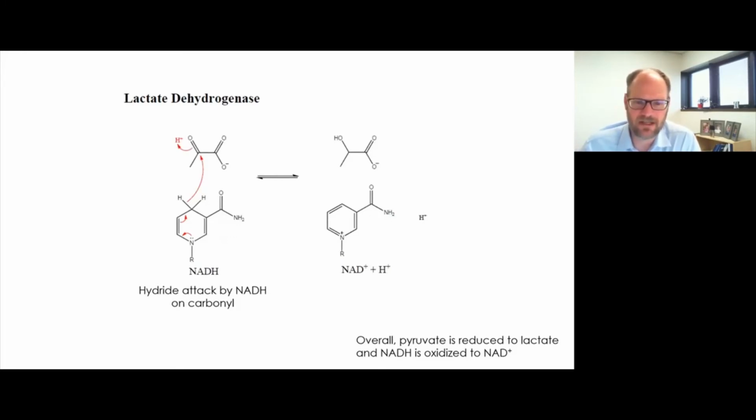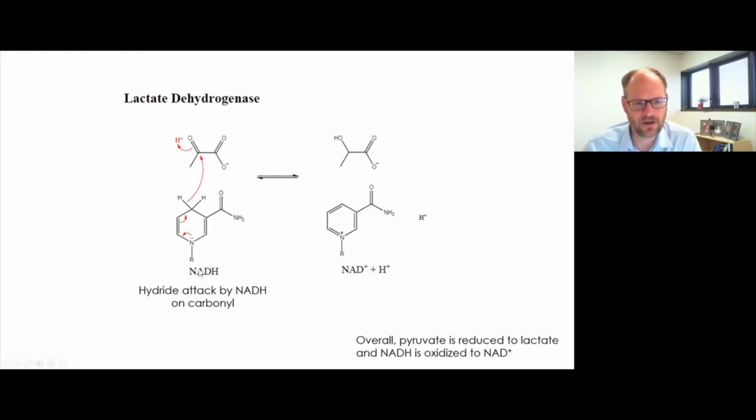Well, the NADH that we generated through glycolysis is critical for the progression of the pathway. In order for the pathway to continue to function, we have to regenerate the oxidized nucleotide.